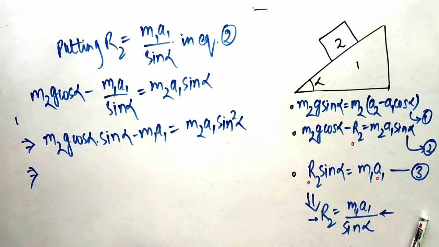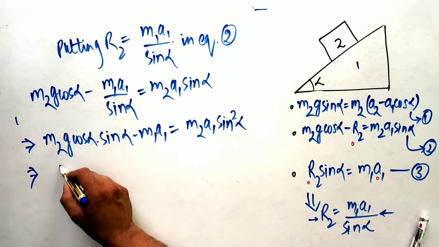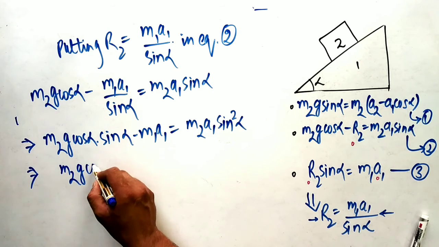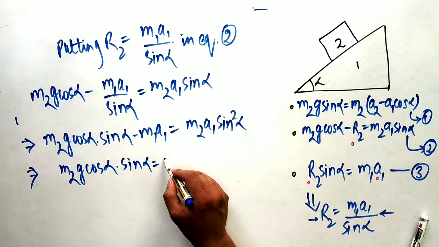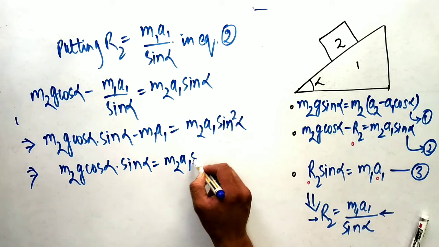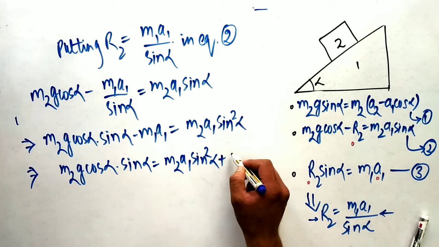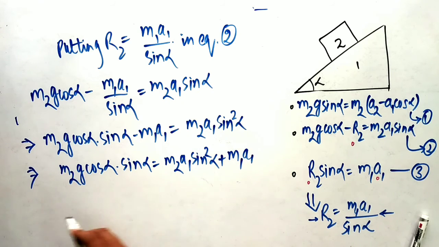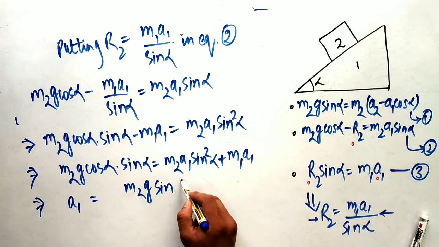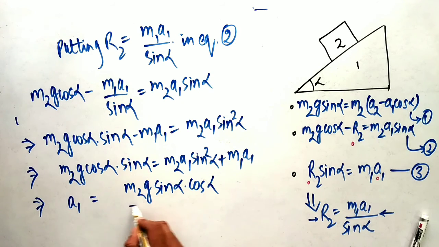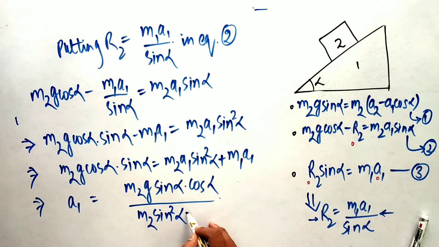This gives us m2g cos alpha sin alpha is equal to m2 a1 sine square alpha plus m1 a1. This gives us A1 is equal to m2g sine alpha cos alpha divided by m2 sine square alpha plus m1.